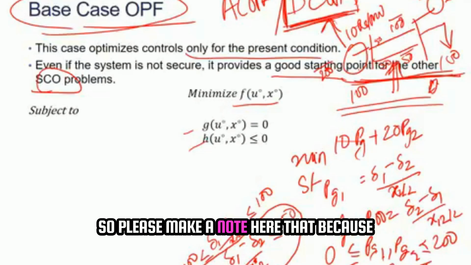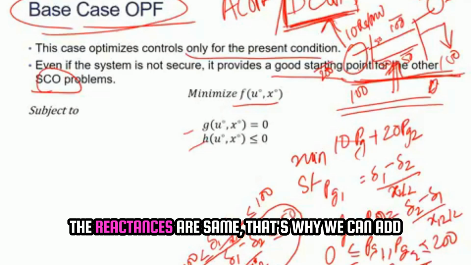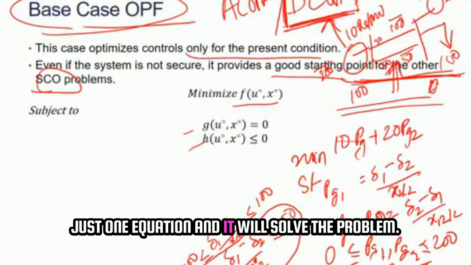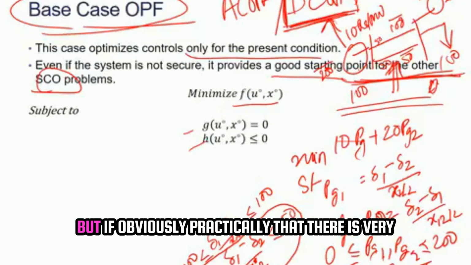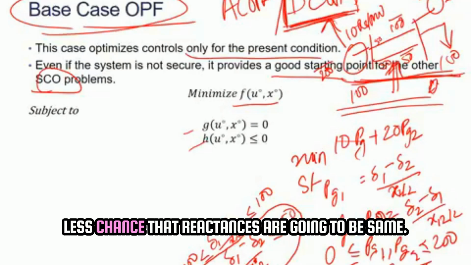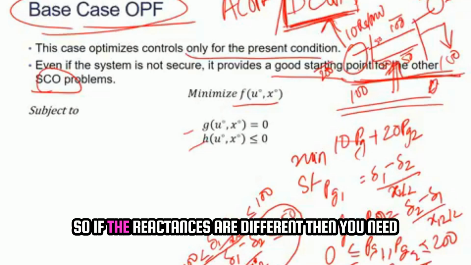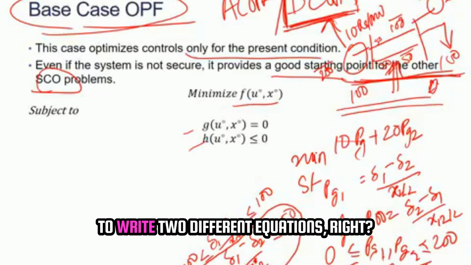So please make a note that because the reactances are the same, we can add just one equation and it will solve the problem. But practically there is very little chance that the reactances are going to be the same, they are going to be different. So if the reactances are different, then you need to write two different equations.